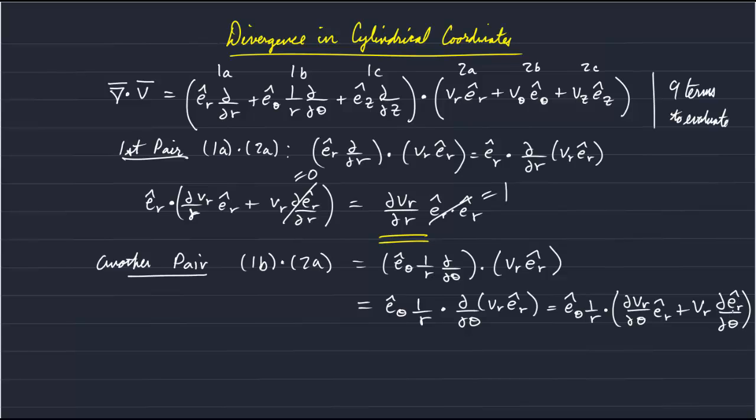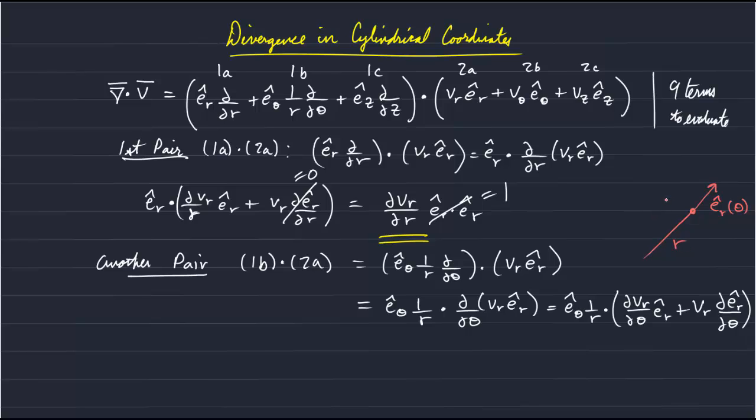And this is a case in which the base vector does change with theta. So for example, if we have our point here, again this is r, and this is e hat r at a given value of theta.